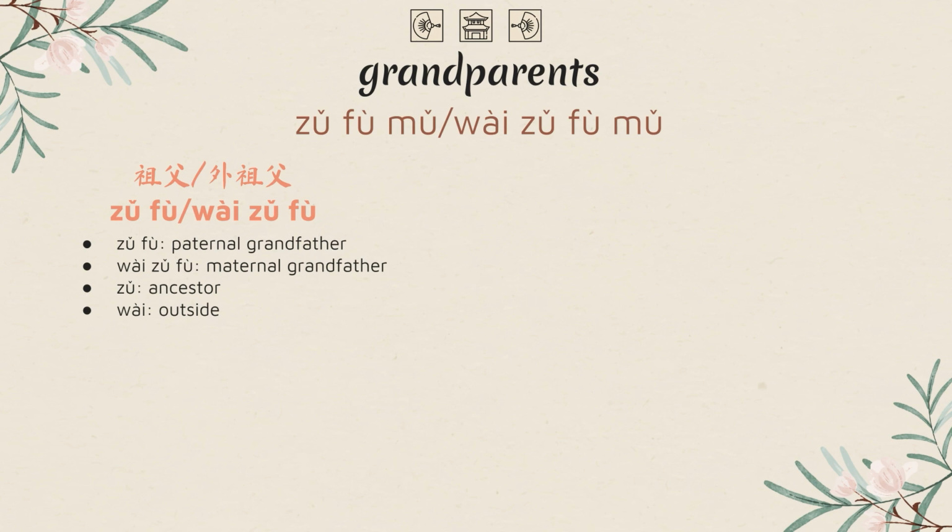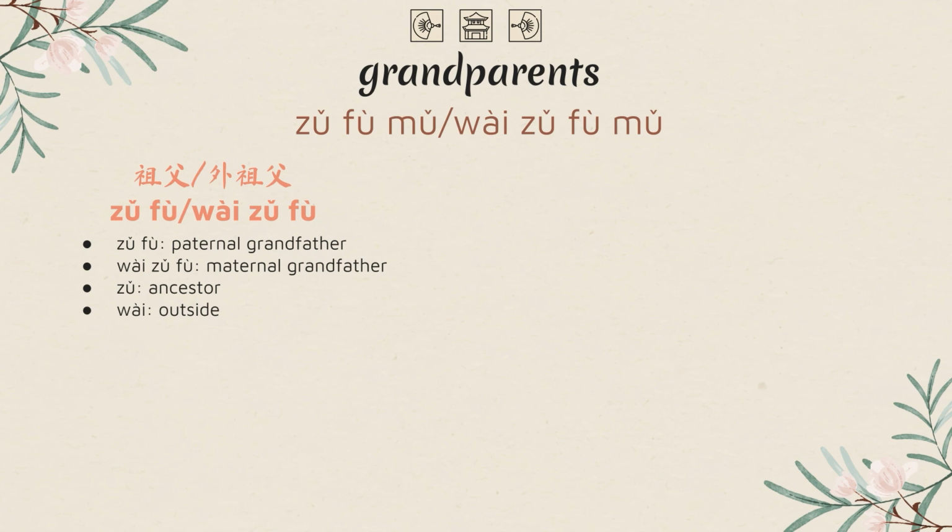So the reason why we call our maternal grandfather an outside grandfather is because in a traditional Chinese household, a couple lives with the man's parents, and therefore the children grow up with their paternal grandparents, and that's why they call their mother's parents, their maternal grandparents, outside grandparents.